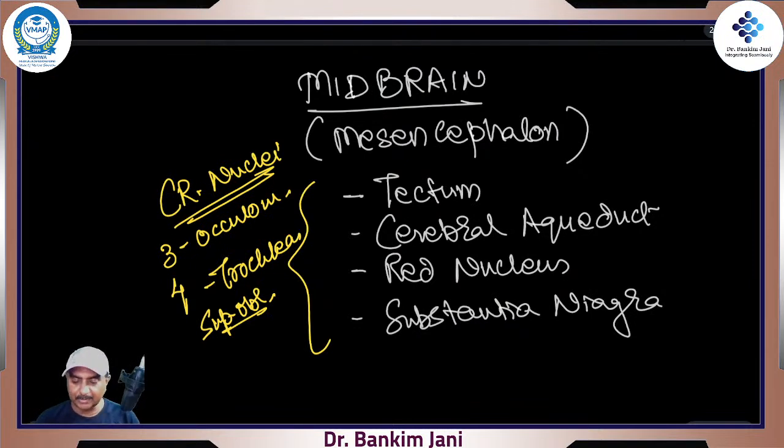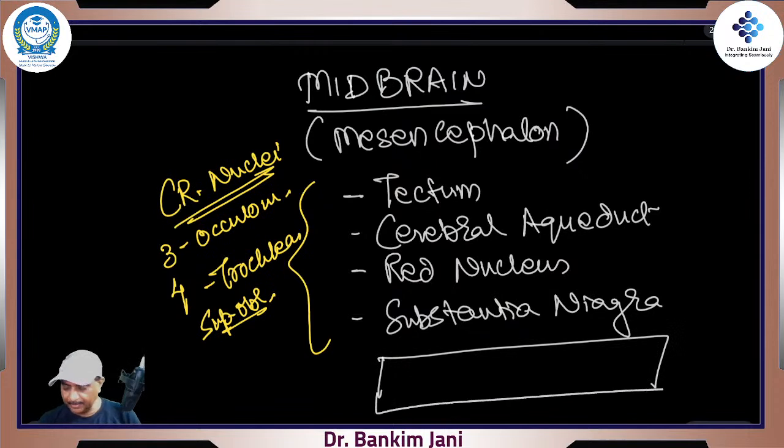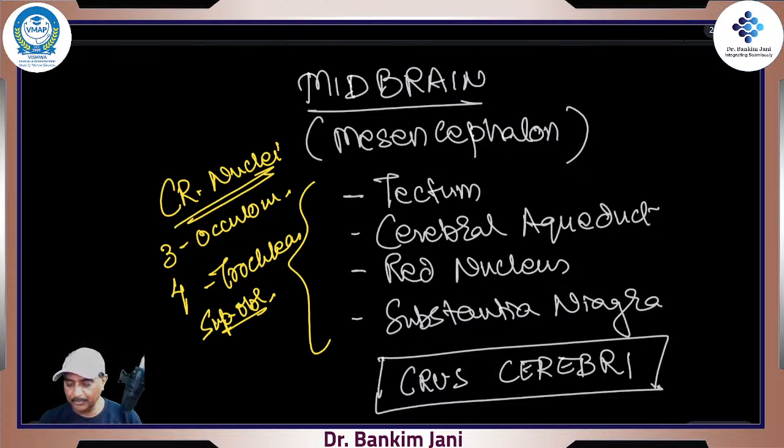This is pretty simple. Crus cerebri. We'll not say much about this at this point of time, but yes, this would be an important structure. We'll see that when we discuss the brain.